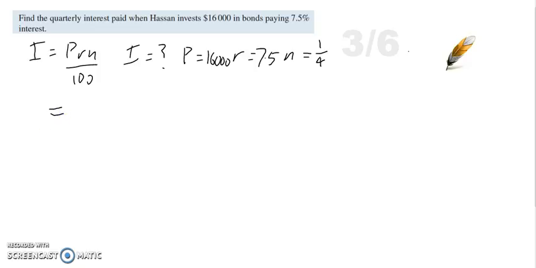So when we look at this, we can fill in our formula. So principal is 16,000 multiplied by our rate, which is 7.5, multiplied by our time, which is a quarter, all over 100. So when we type that into our calculator, it should come out to $300.